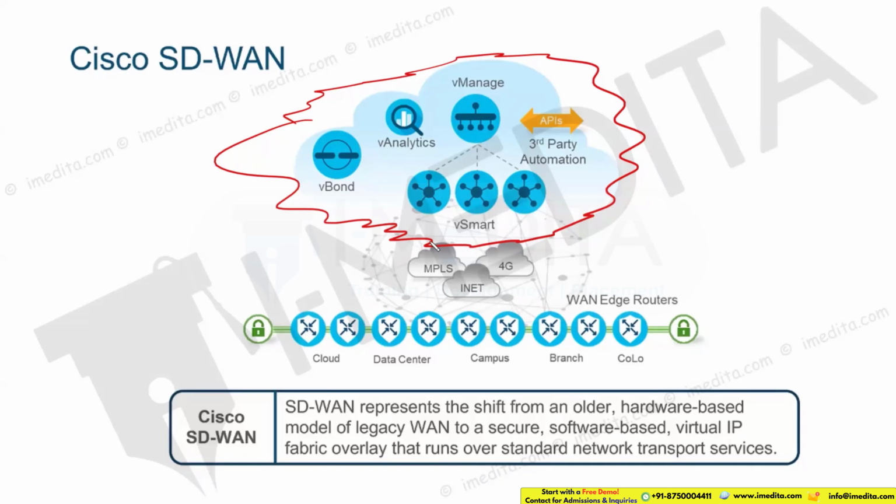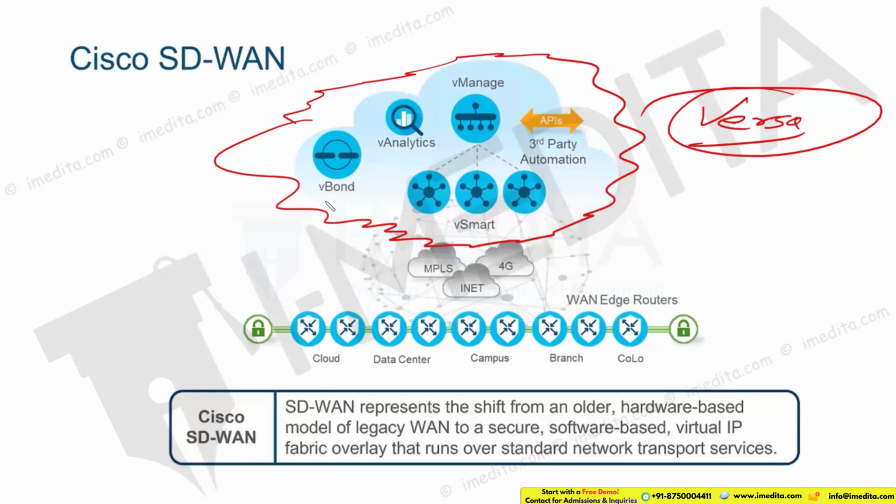But in Cisco, they are using distributed architecture. Although there are some other vendors who are also using the distributed architecture, and Versa is one of them. Versa is also using a similar approach as Cisco, where they also have a distributed architecture when it comes to their control components.